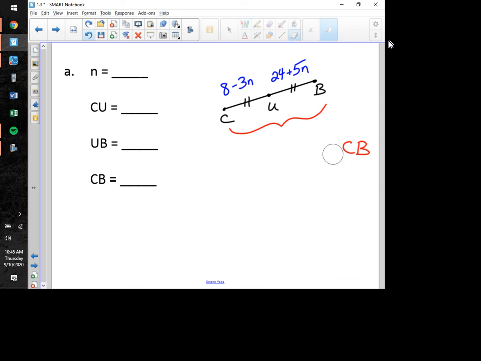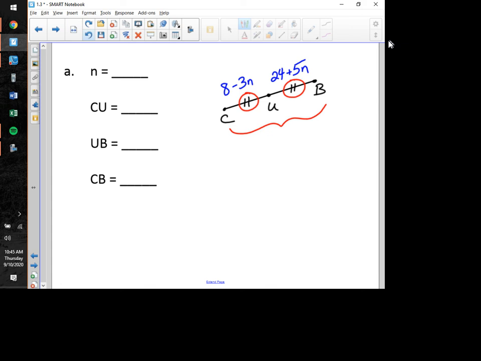Instead, we're going to take advantage of something that wasn't given to us earlier, and that is the tick marks that are given to us on line segment CU and line segment UB. So going back to what we wrote just a moment ago, the tick marks tell us that CU and UB are congruent to each other. And the definition of congruent means having equal measures.